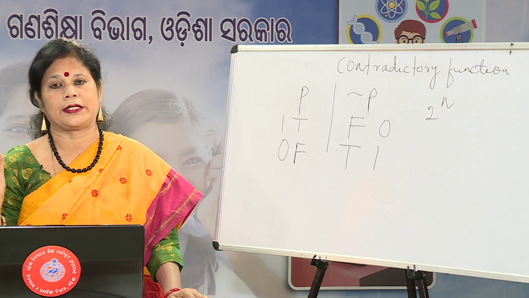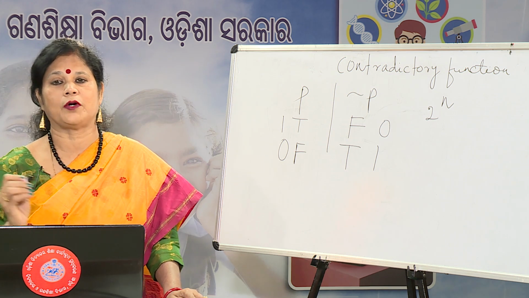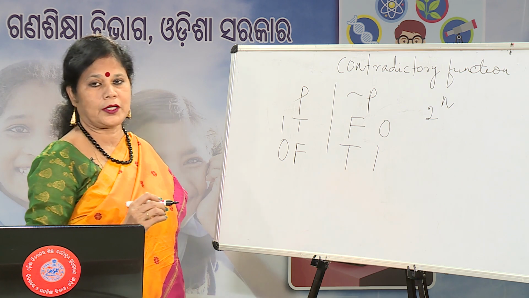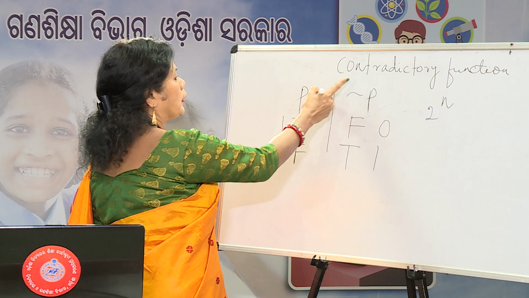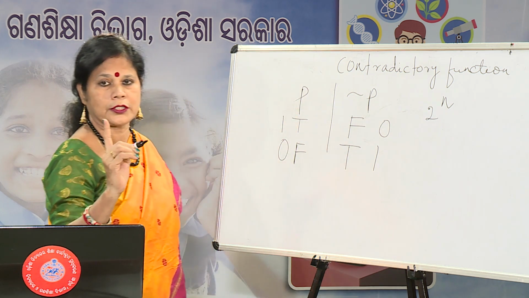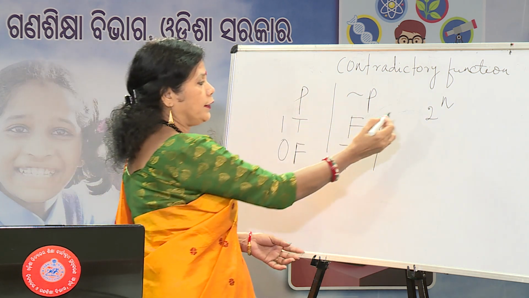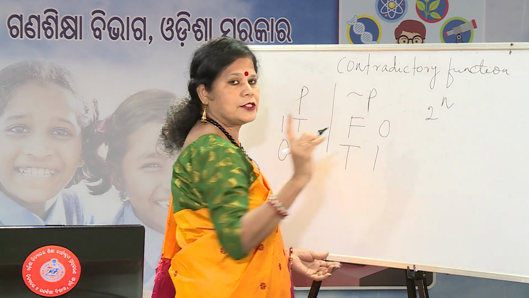That means P, Q, R, S, the variables you have, n is the number of propositional variables. When you have one proposition, as in your contradictory function, the number of variables is only one.